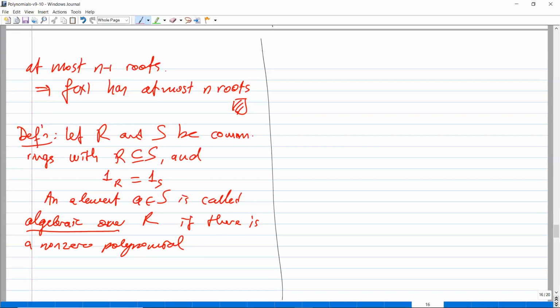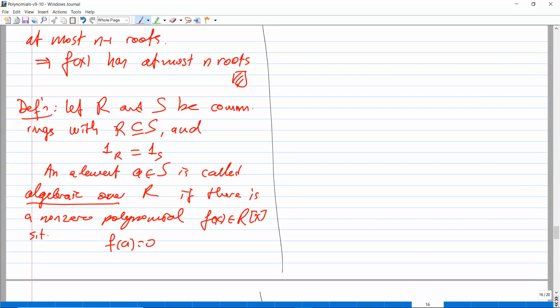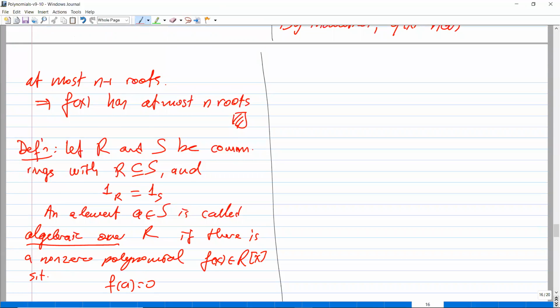Non-zero polynomial f(x) over R such that f(a) = 0. If R is not algebraic, of course, R is equal to S, then everything is algebraic by this definition.